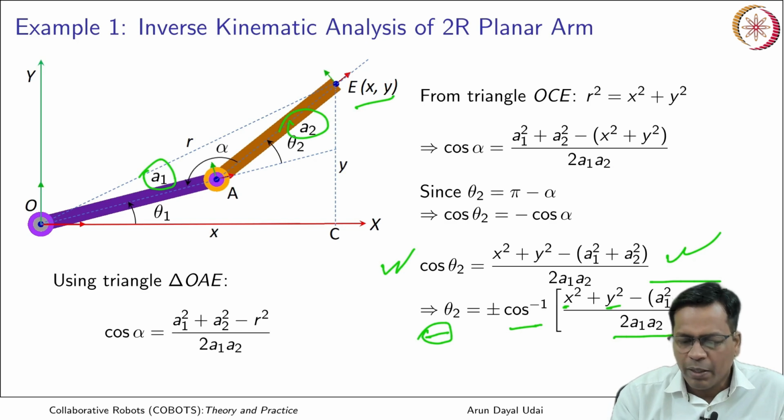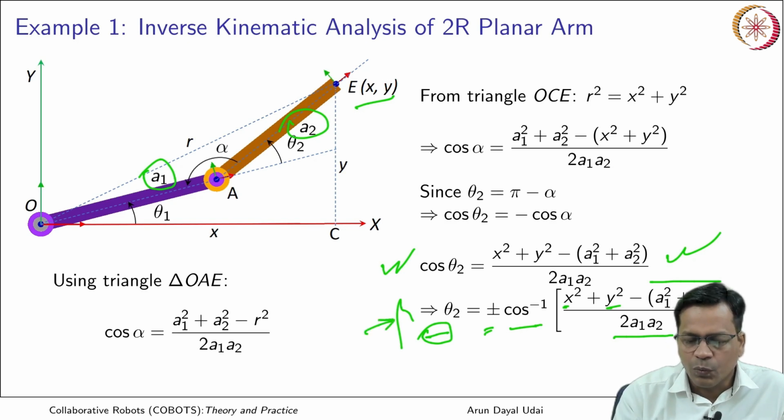So these are the known parameters. Theta 2 was unknown and we could get it. Please note, theta 2 will be plus or minus cosine inverse. Why? Because cosine of minus theta is also equal to cosine theta. So this is how I get theta 2.